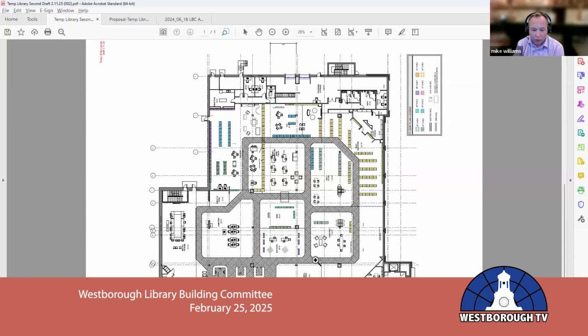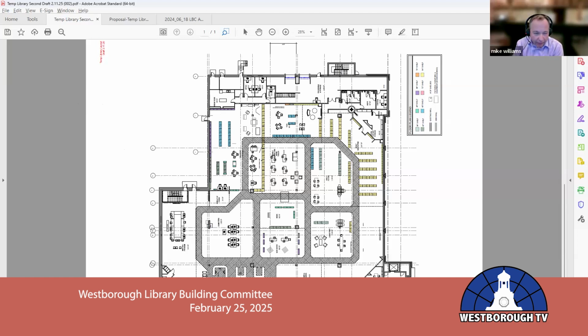In the corners, those triangular spaces, the front one would be turned into a meeting space, and the one towards the back, towards the bathrooms, would be for historical storage. In the far back would be offices and the break room. And then you can see the toilet rooms as they exist. Again, we're just trying to clean those up and make them more presentable. For all intents and purposes, they are functional as they exist now, but just need a good cleaning.